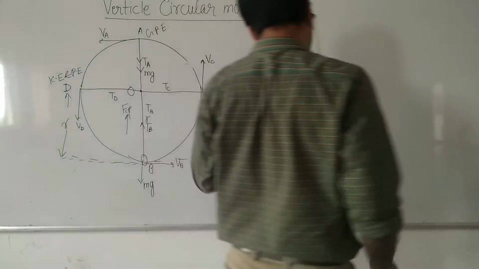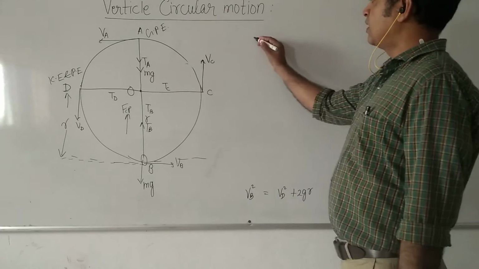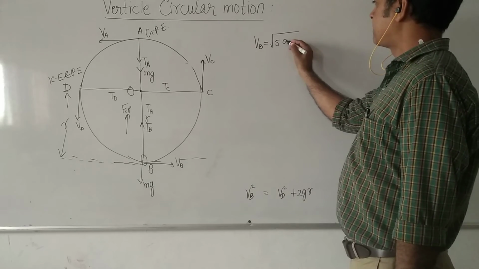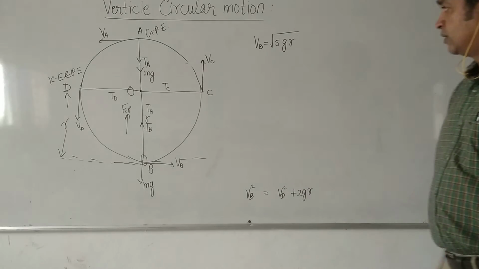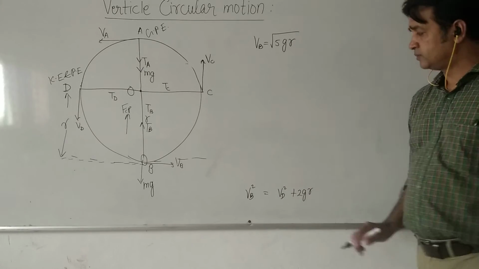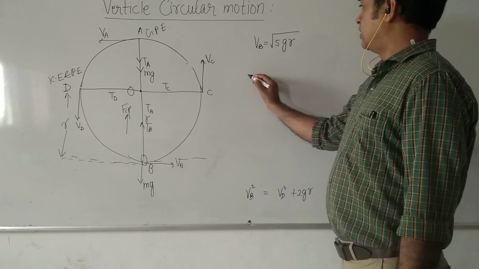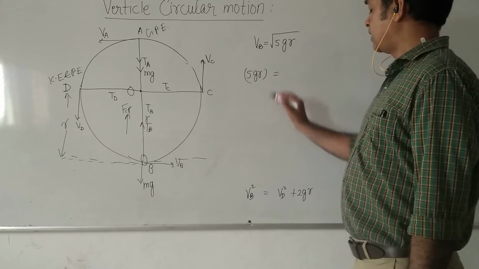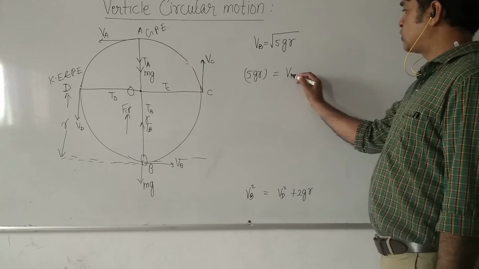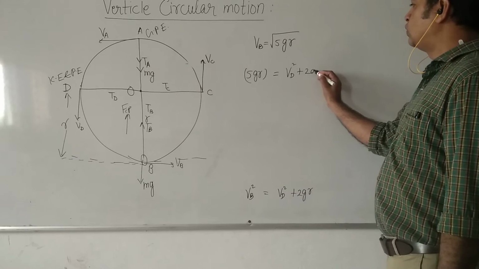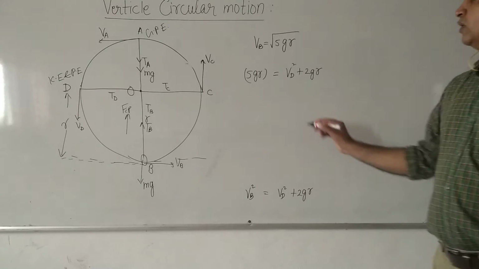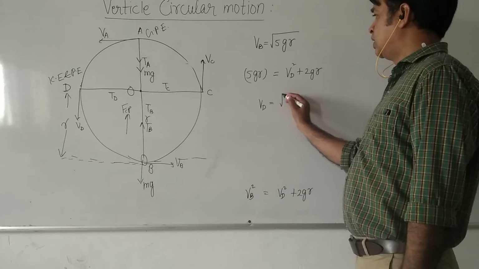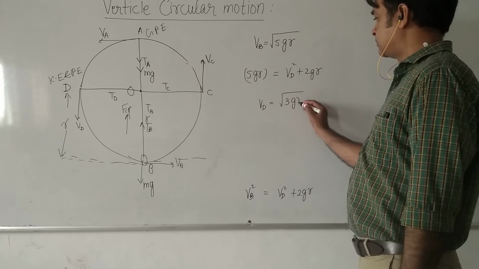Now again, we know Vb is equal to root 5gr. Put this velocity in this equation. 5gr equal to Vd square plus 2gr. So finally, velocity at the D point or C point equal to root 3gr.